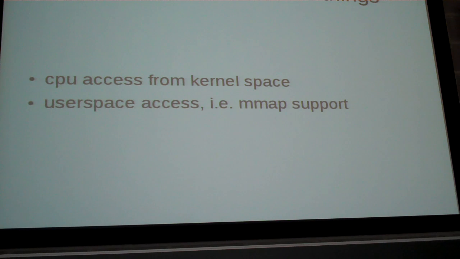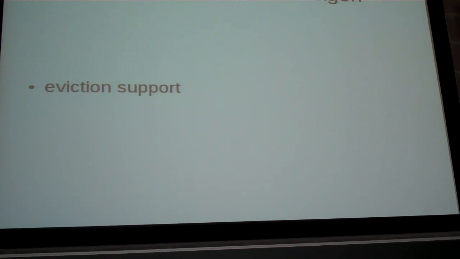And then there's Dragon, which is eviction support. By eviction support, I mean sometimes the exporter telling the importer to get off my buffer, so that it can do whatever it wants with it, move it around.